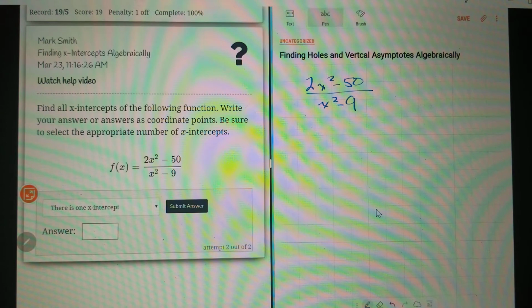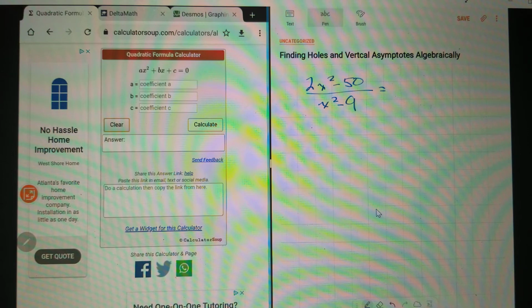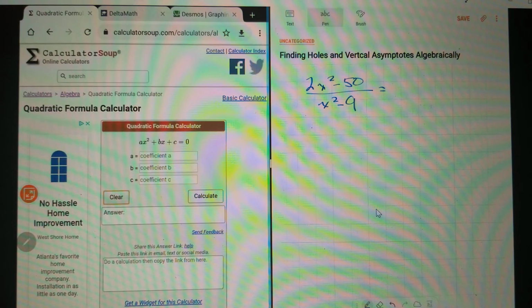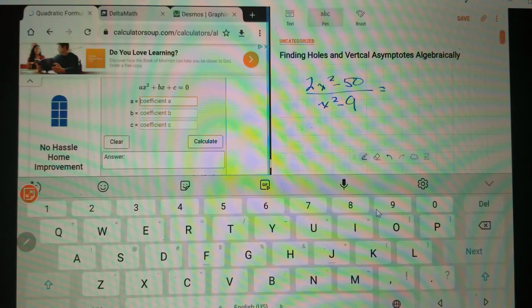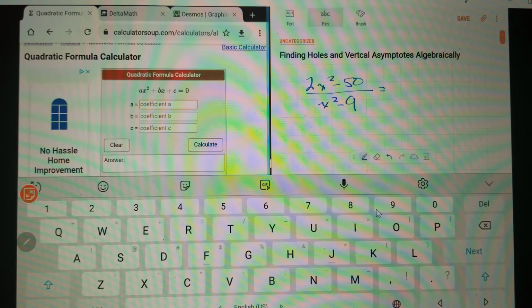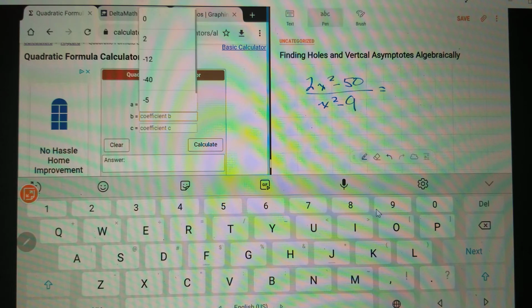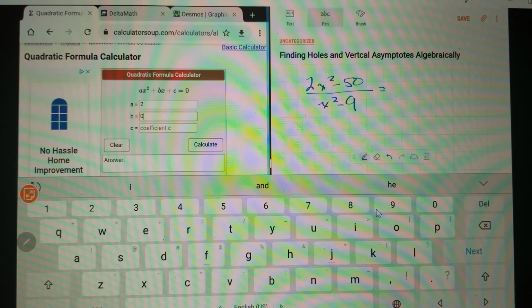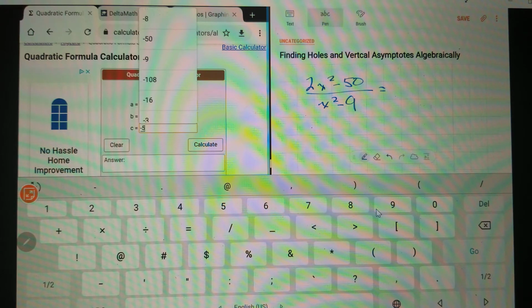All right, so first we're going to use our technology to find zeros, just like we'd use our calculator. And I like Calculator Soup, the quadratic formula calculator. There are dozens of these out on the web, and you can choose the one you want. In this case, a for our numerator is going to be 2. There's no middle term, so we're going to put 0, and negative 50 for our constant.